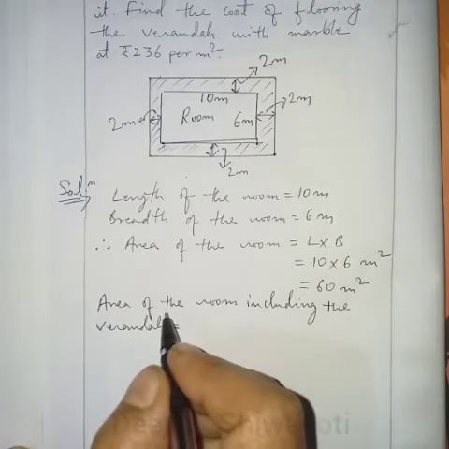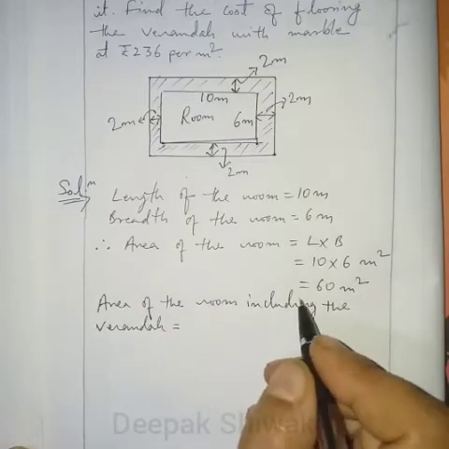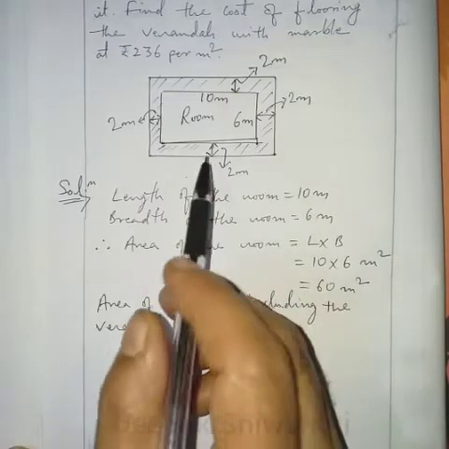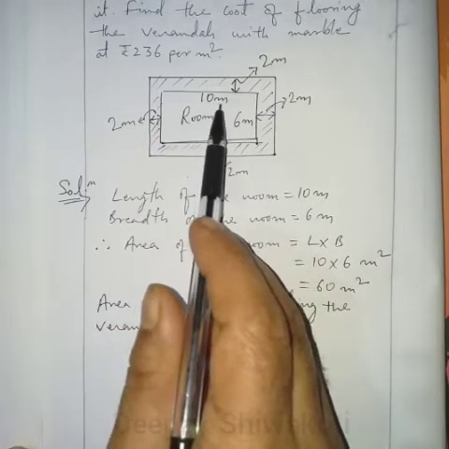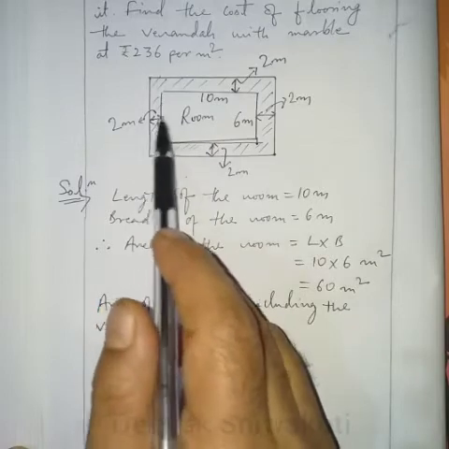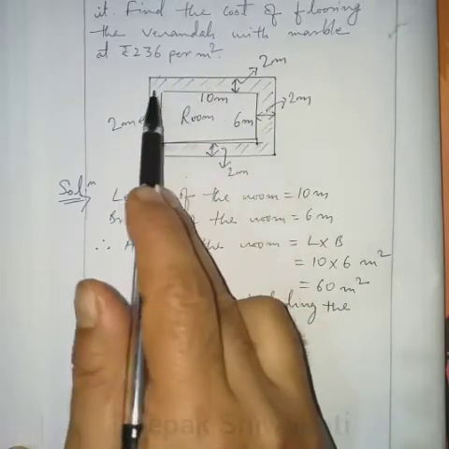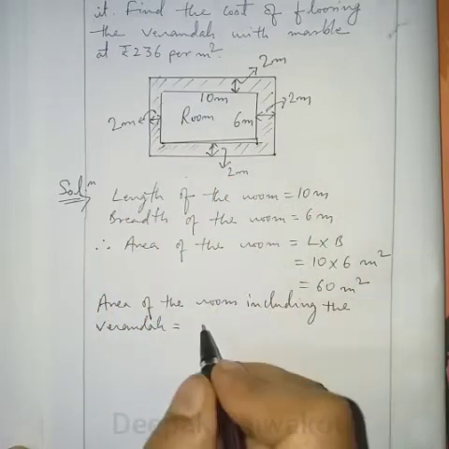Here, for the area of the room including the veranda, the length is increased. You can see this 10 meter, and 2 meter this side, 2 meter this side. So the total length will be 10 plus 2 plus 2, that is 14, isn't it?